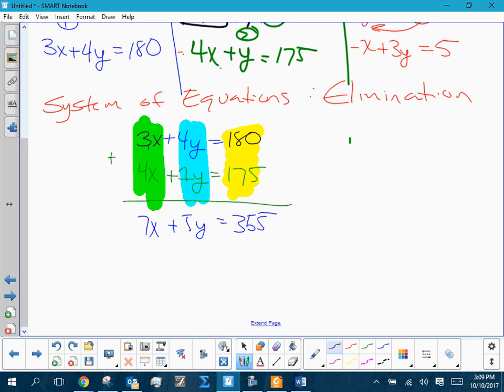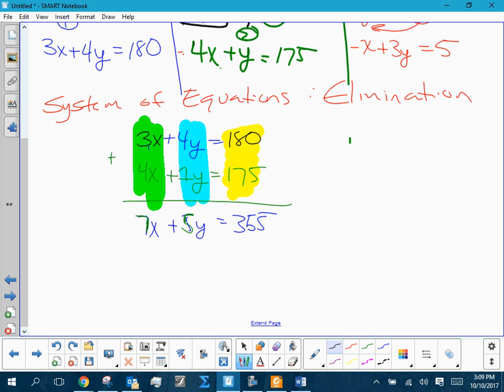And the hope is that when I do that, either that 7 or that 5 turned into a 0. Okay? Because if I have 0 times x, that's just 0, right? And that variable disappears. And now all I'm left with is y equals a number. Or if I get 0 times y, that's just 0. So now I have 7x equal to just an amount.